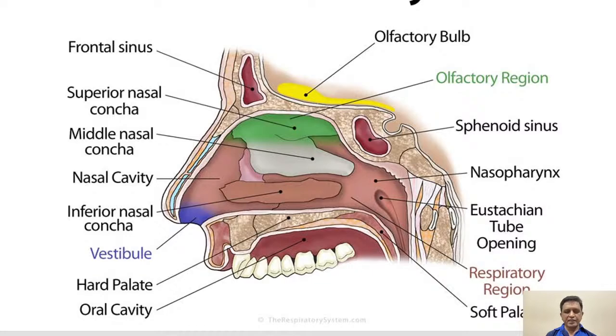Now feel the olfactory zone. Further up is the olfactory zone where there are millions of receptors. Just feel the air both as it goes in, as it comes out.